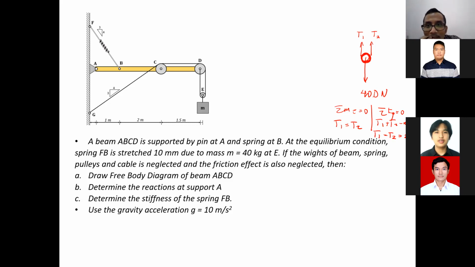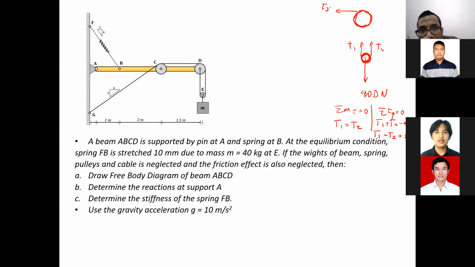Now let's draw the second free body diagram, pulley D. At pulley D, we will have it like this. What do we have here? Tension on the x-axis, we call it T3 because we haven't solved it yet.